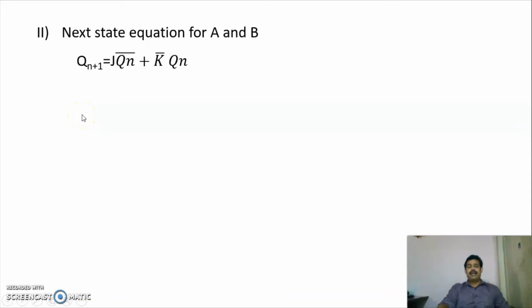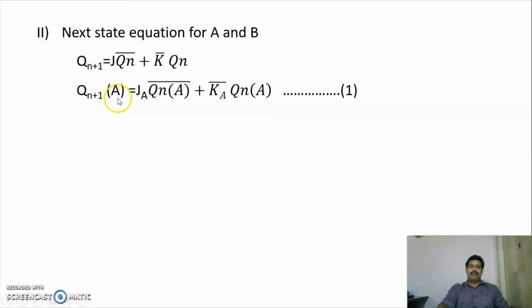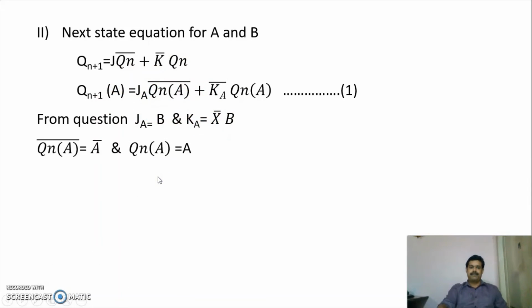Now here we are having two flip-flops. One is A and another one is B. So for the flip-flop A, we are giving the suffix A. So we are getting Qn+1 of A is equal to JA Qn of A bar plus KA bar Qn of A. Then from the question, we know that JA is equal to B and KA is equal to X bar B. And you are substituting this in this equation.